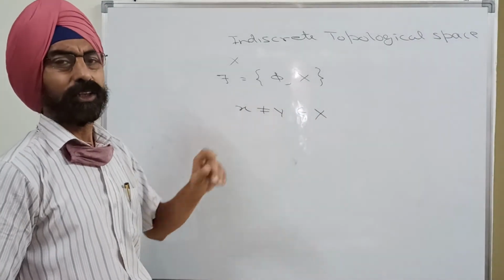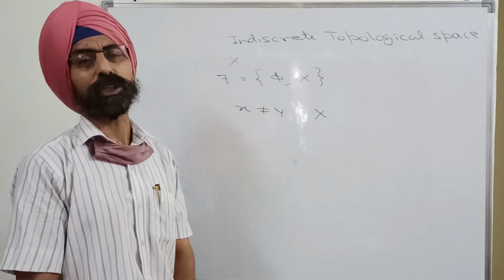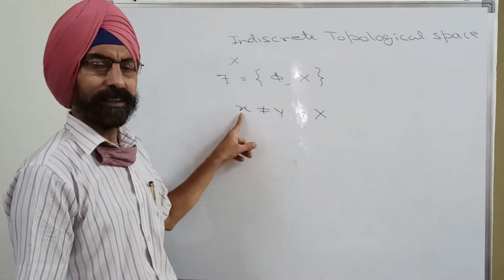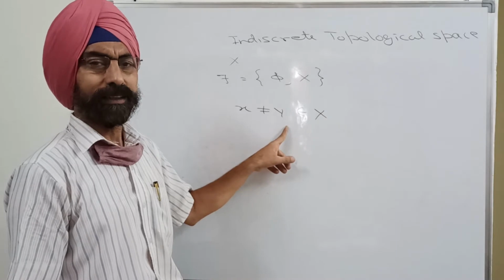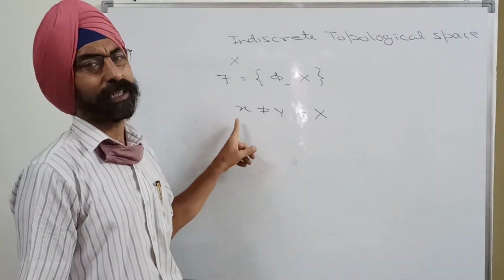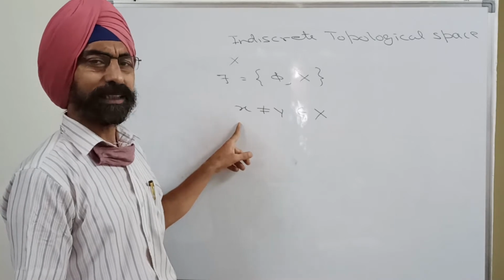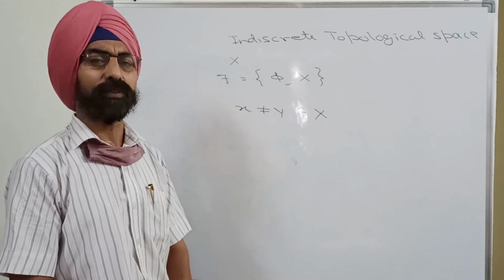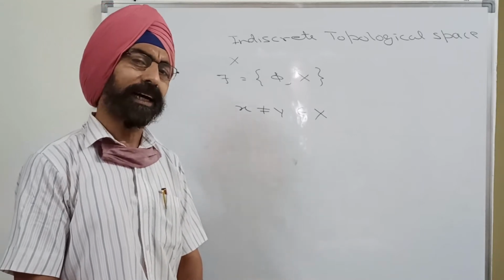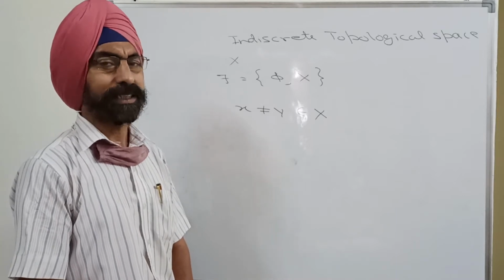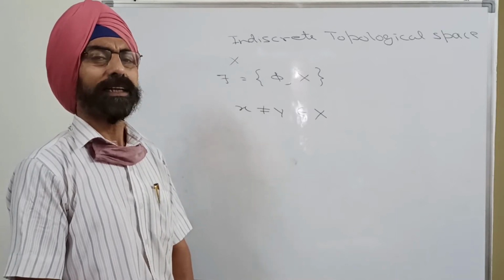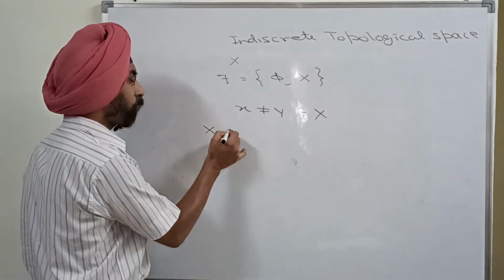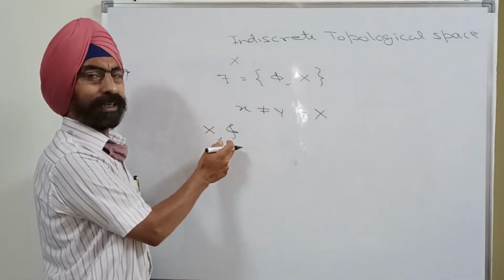So it is not possible to find an open set which contains X and does not contain Y, or an open set which contains Y and does not contain X. That means in the indiscrete topology case, we do not have an open set containing one of these two elements and not the other. So this topology does not make the space a T0 space. So X with, I am denoting it, I_Y for the indiscrete space.